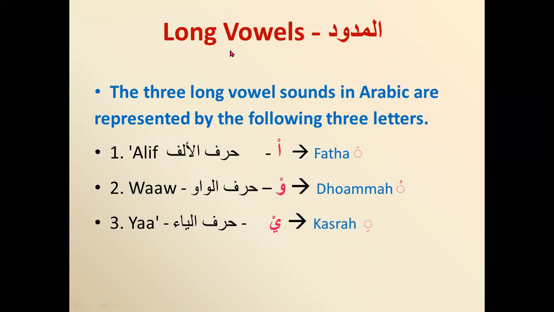Now, let's move to the long vowels. In Arabic, they are called al-mudud. If it is singular, we say mad. Here, we have only 3 letters from the alphabet. As you can see, number 1, we have the alif sukun.